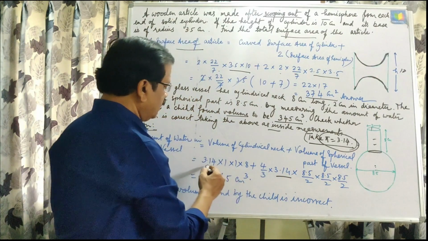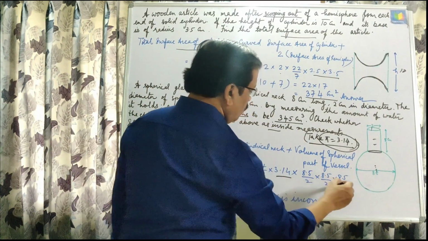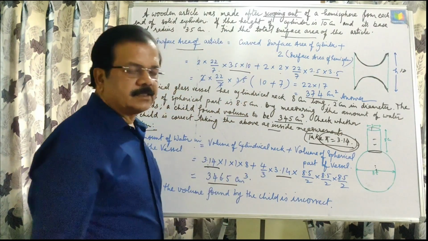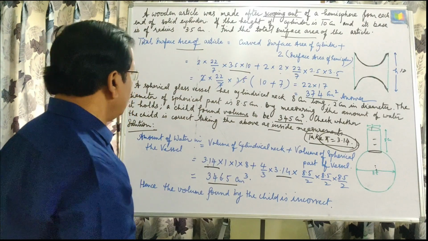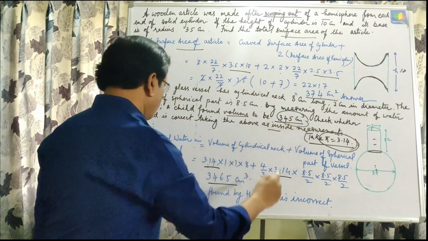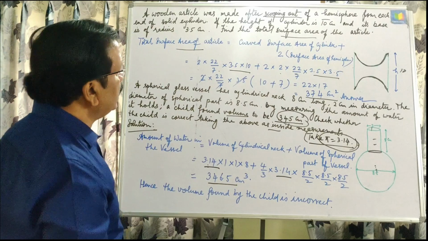Pi will be taken 3.14, r cube, that is 8.5 by 2 whole cube, and then after calculating we are getting 346.5 centimeter cube, but the child is getting 345 centimeter cube. It means measurement by the child is incorrect.